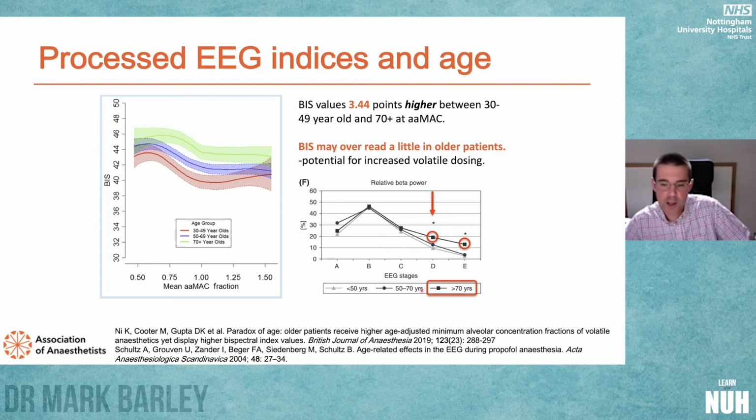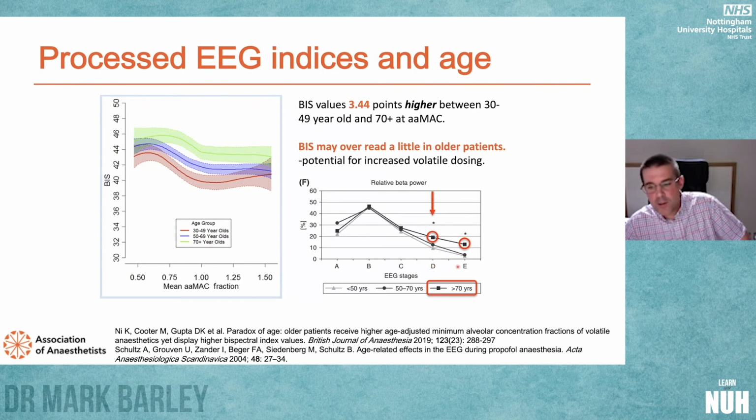If we look at this study here from Schultz, Dr. Schultz, a married couple, anaesthetist and electrophysiologist, the brains and genius behind the Narcotrend, have been looking at this for many, many years. And they demonstrated here, this is the beta power, the more awake, higher frequency brain waves. These are the stages of Narcotrend that it measures in.